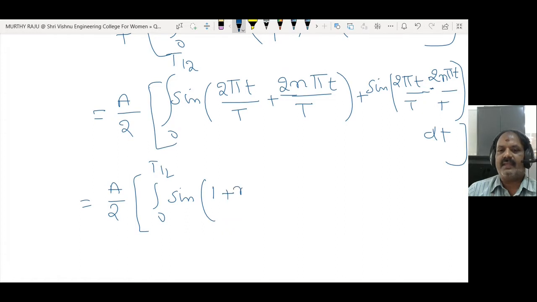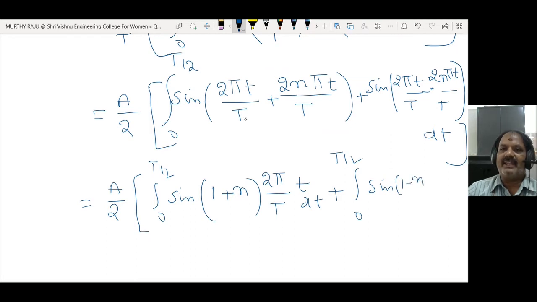So sin of (1 plus n) 2 pi by capital T into small t dt, plus, split into two integrals, 0 to T by 2 of sin (1 minus n) 2 pi t by T. 2 pi t by T is the common term: (1 minus n) 2 pi by capital T small t dt.